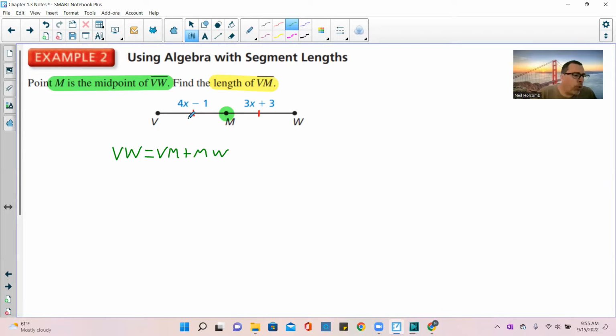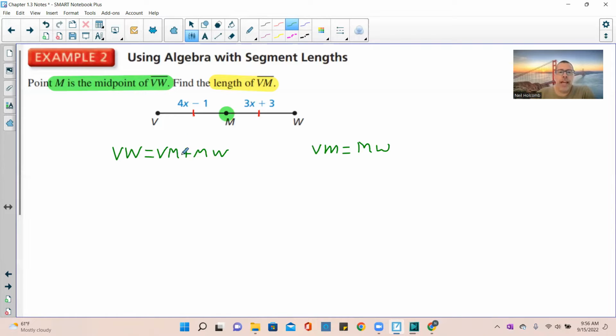So the whole thing equals the two pieces. But since this is a midpoint, we can also say it bisects them. I can also say VM equals MW. That's what these markers mean. So we have VM equals MW as well, and VW equals the whole thing.